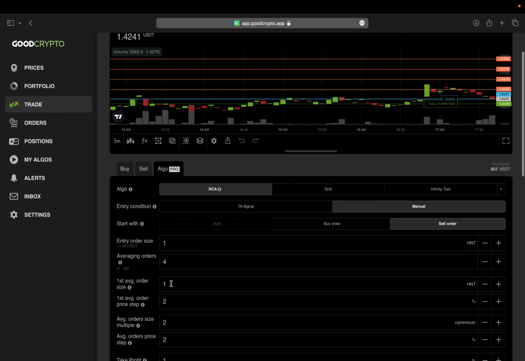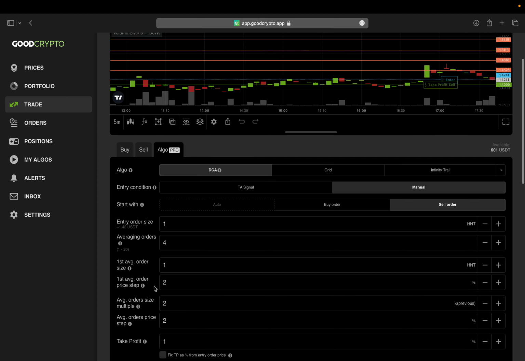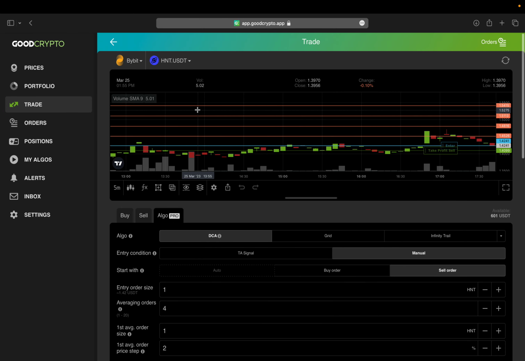The first averaging order will still be with one HNT, and all the other averaging orders will have the same size multiple, so it's 1 times 1, which is 1. By this setup, I'll place one HNT at each level. I have 5 HNTs, I'll sell them, and if the price keeps rising, I have those 5 take profits for me.